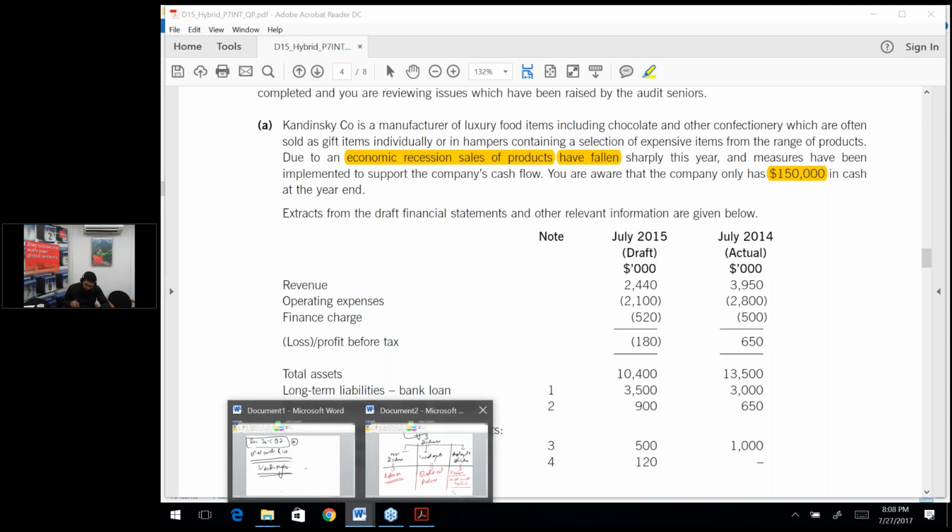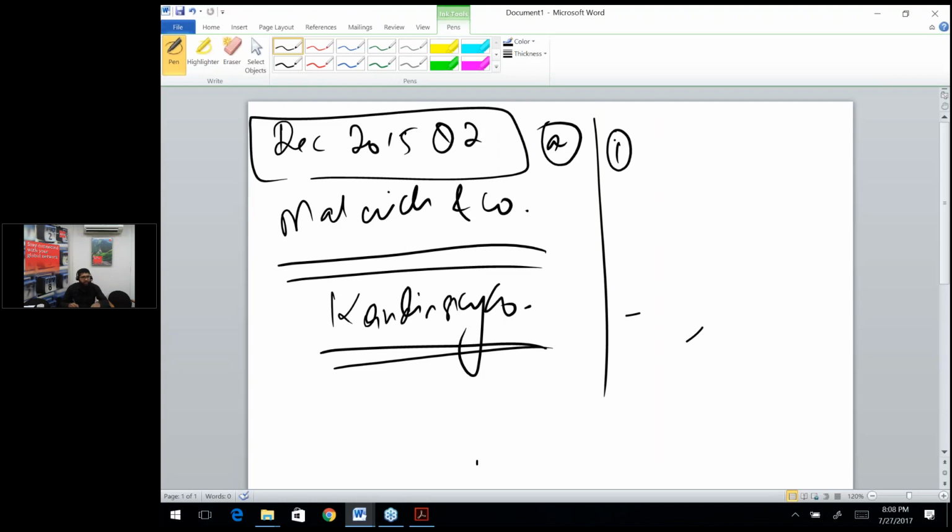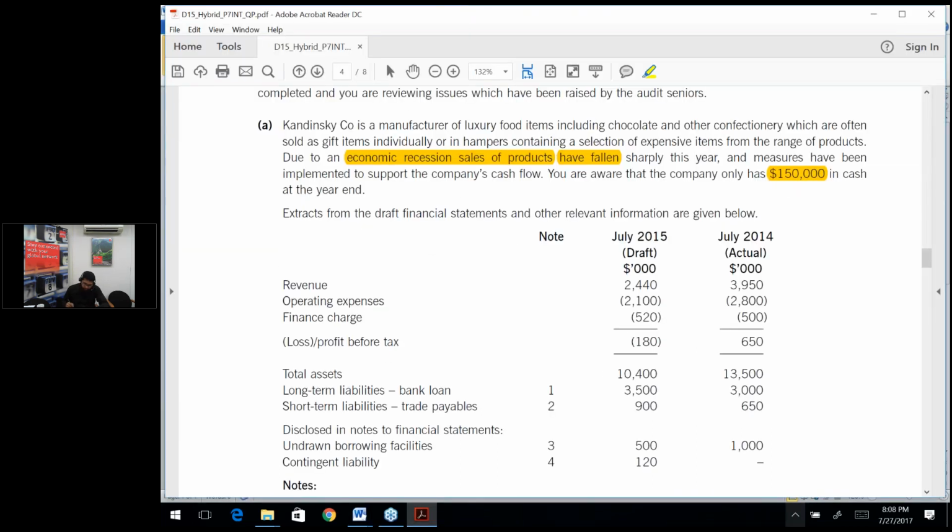Now, what could cast significant doubt on the entity's ability to continue as a going concern is that the economy is in recession. If the economy is in recession, that means the product sales have gone down. That's one thing.